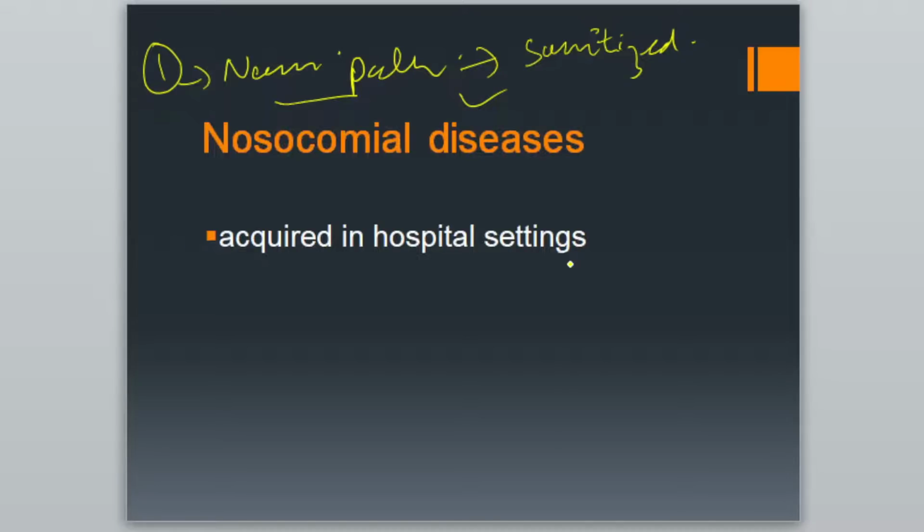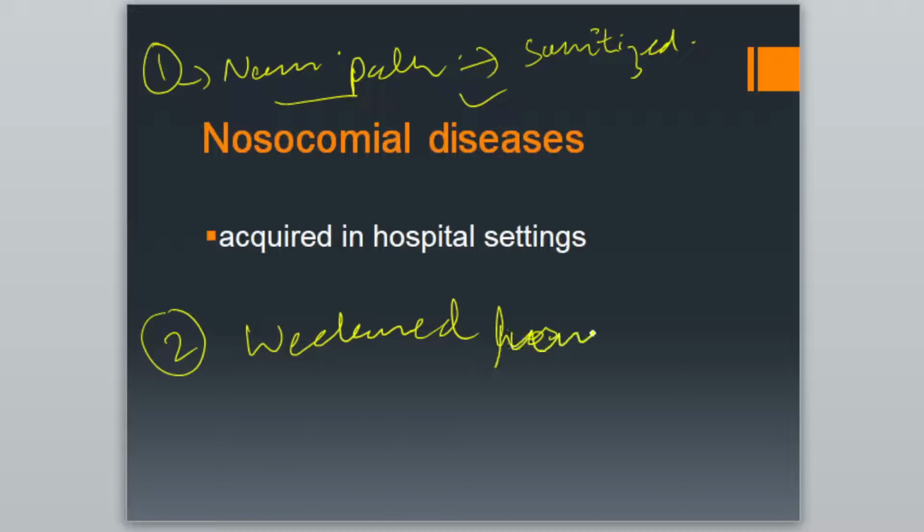Now the second reason is that many hospital patients have a weakened immune system. If you are admitted in hospital, your immune system would be weak, which makes you more susceptible to infections.